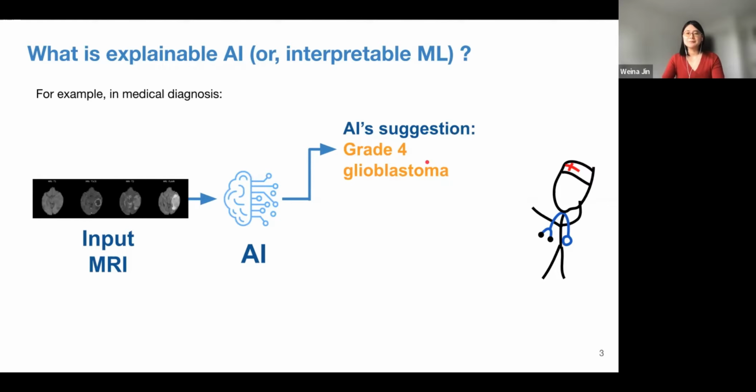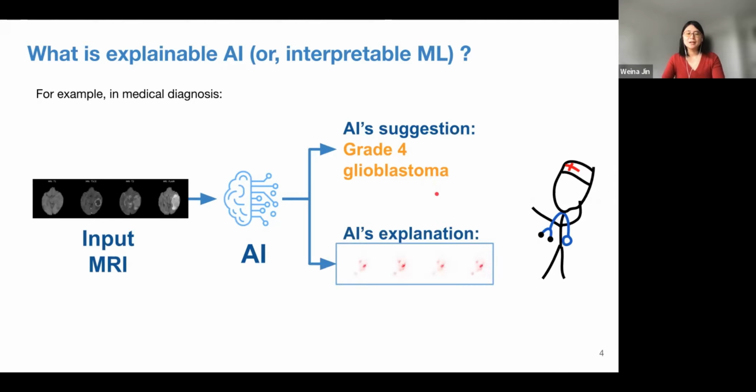And the doctor may further ask the AI, how do you get this prediction? Explainable AI is trying to explain how AI makes such predictions in human understandable ways.